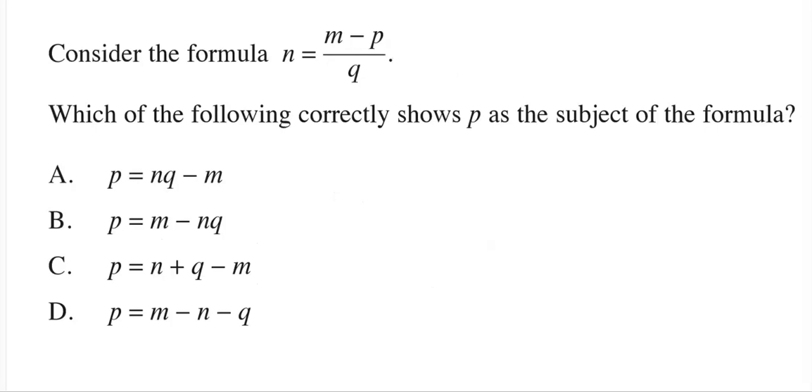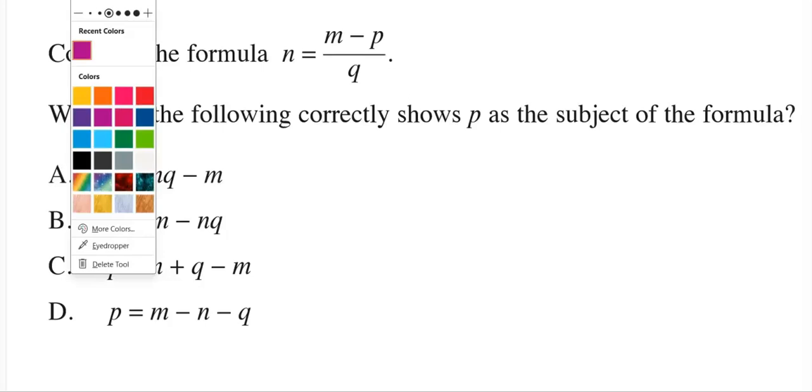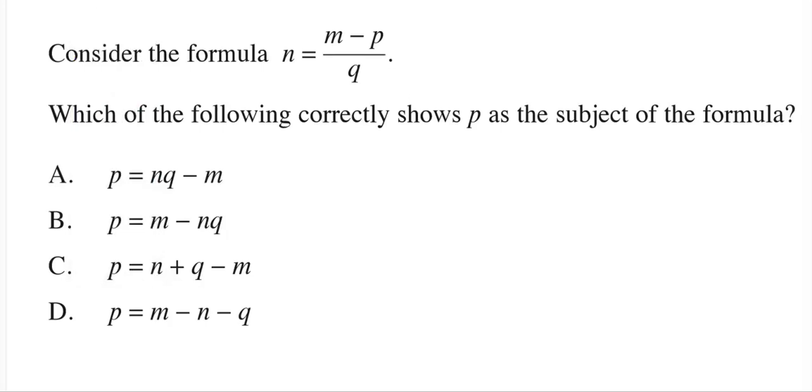Question 6. Consider the formula n equals m minus p all on q. Which of the following correctly shows p as the subject of the formula? So we need to get p on its own. I will multiply both sides by q initially. So I will get q times n equals m less p.